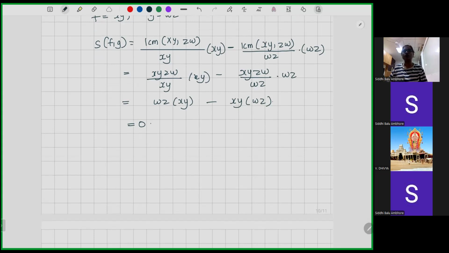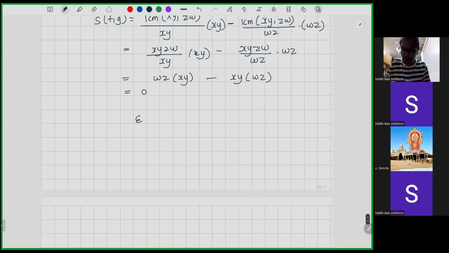Also, to calculate the CGG, we have this map epsilon, if you remember. If I consider this ideal I generated by XY and ZW, or WZ, it doesn't matter, it has two elements.